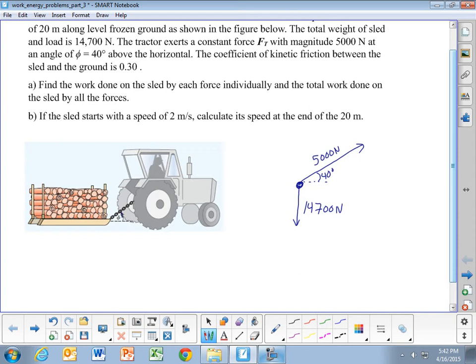So that's this angle right here. That was this pull. We had this weight. We also have the normal force acting, which we will calculate momentarily. And we have the force of kinetic friction acting against the motion.